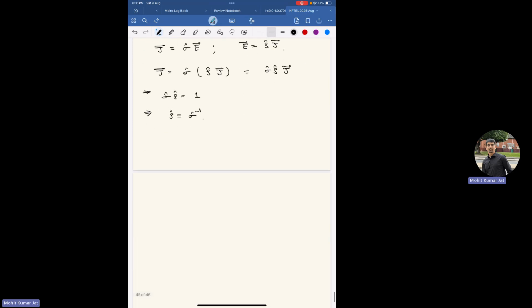So in a 2D system with a perpendicular magnetic field, you break the time reversal symmetry and it's isotropic in plane.